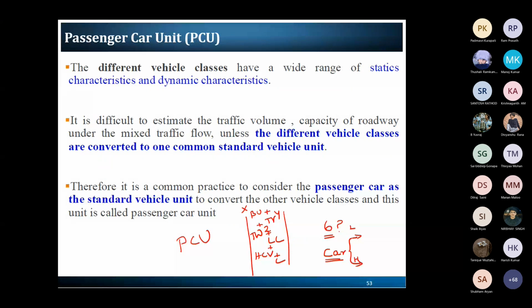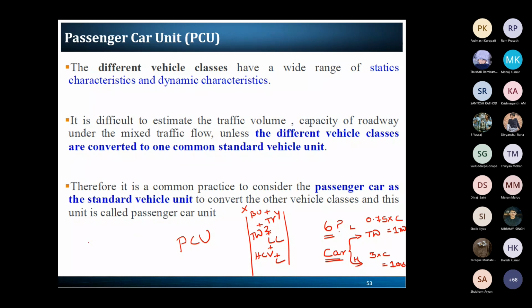For example, the two-wheeler is lower than the car. Probably we apply a correction factor of 0.75 to the dimension of the car, which is equal to one two-wheeler. This is the assumption. When it comes to buses, a bus is bigger than a car. So 3 times bigger than a car is equal to one bus.